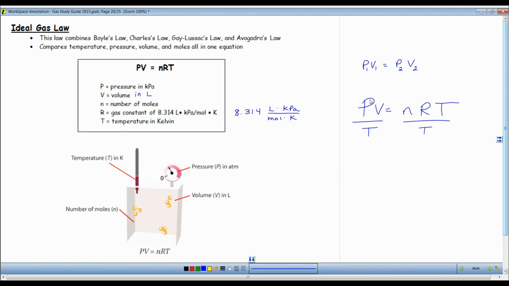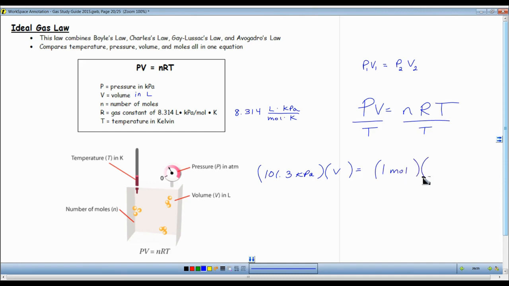You can plug this in and solve for that 22.4, that magic number of Avogadro's law. Avogadro's law said that 1 mole of any gas at standard temperature and pressure is 22.4 liters. You can prove it. Pressure is about 101.3 kilopascal. V, volume, let's solve for it. n, 1 mole of any gas.